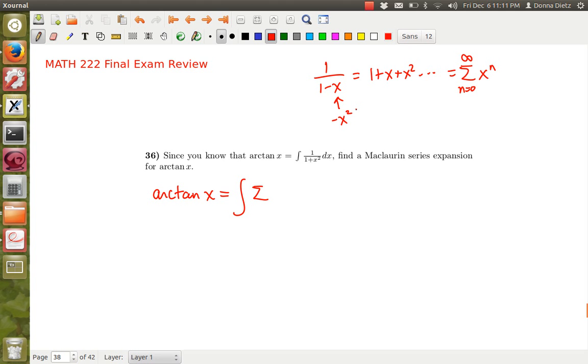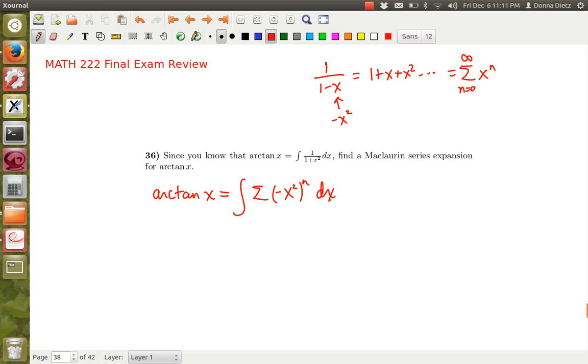So the minus is a little tricky. Because there's a plus here, you get a minus up there. It's just one of those algebra things. Okay, so then you're going to get minus x squared to the n dx. Okay, so that's the important realization.